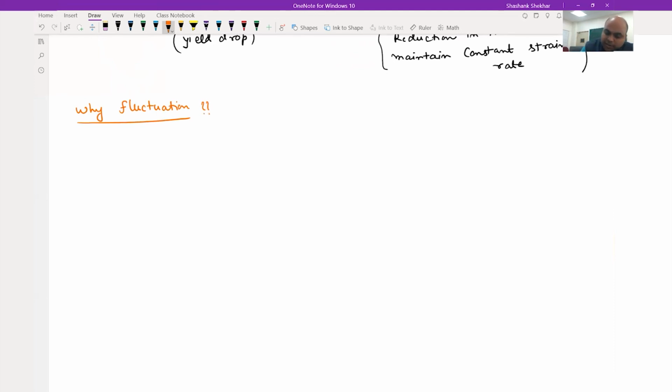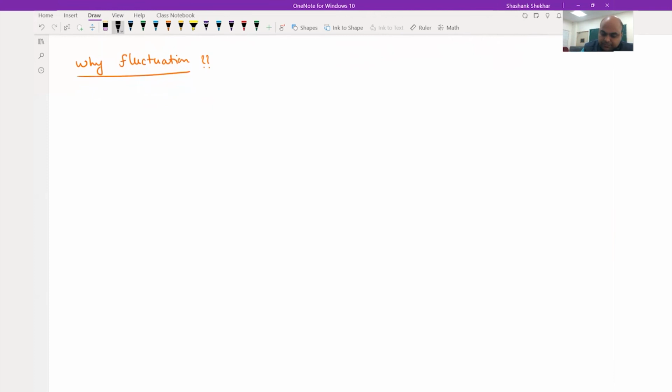Okay, so now let me draw the schematic of the sample again. And suppose you have these two Lüders bands. You can form actually multiple Lüders bands. Okay.